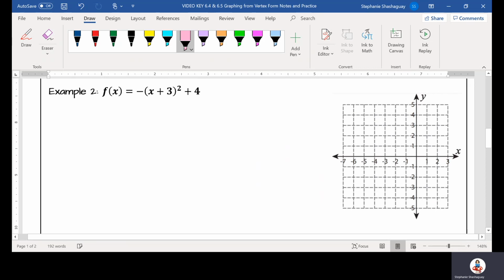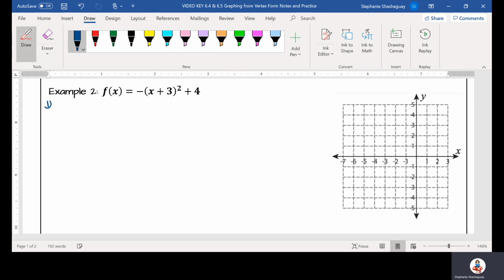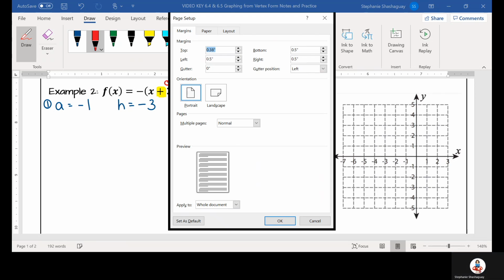All right. Now let's look at example number 2. We have f of x is equal to negative, x plus 3 squared, plus 4. We're going to do our first step, and identify our a term, which is negative 1, our h term, which is going to be negative 3 now, because this is positive, and I remember it's going to be the opposite.